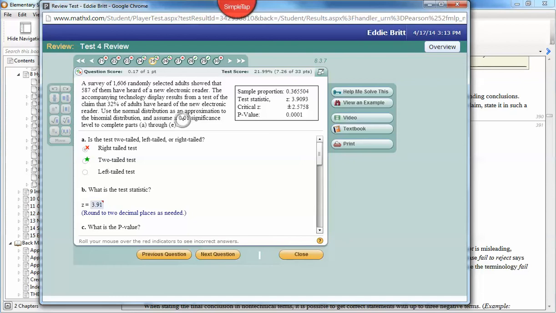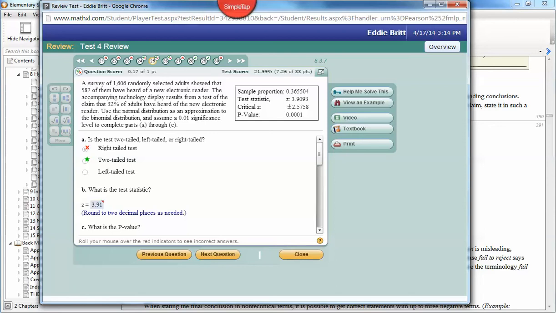So this time we have an alpha of 0.01. Alright, so our claim was 32% of adults have heard. So we have a claim that 32% have heard. So that would be equals. If it's less than 32%, then we'd have left-tailed.